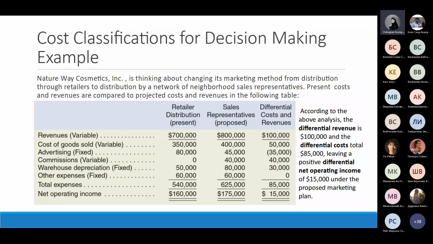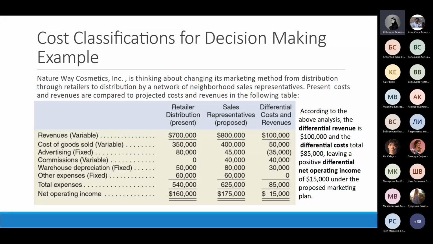That means the difference between current and opportunity cost. So we can see that in case of switching our distributional system to a new one, our net operating income will increase by $15,000. Therefore, the new system would be effective.